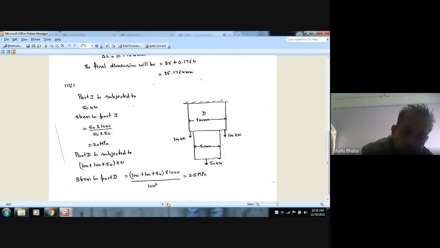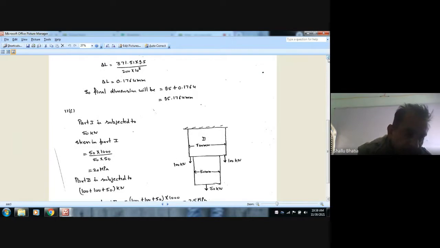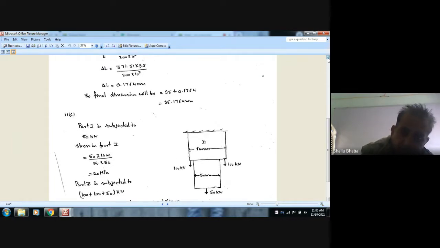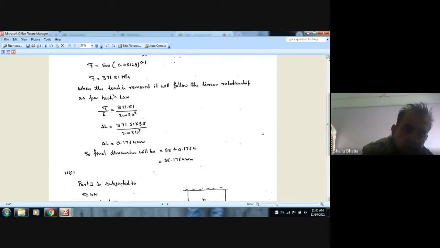Okay, so the material will neither remain at 95 mm thickness, nor regain 100 mm thickness.